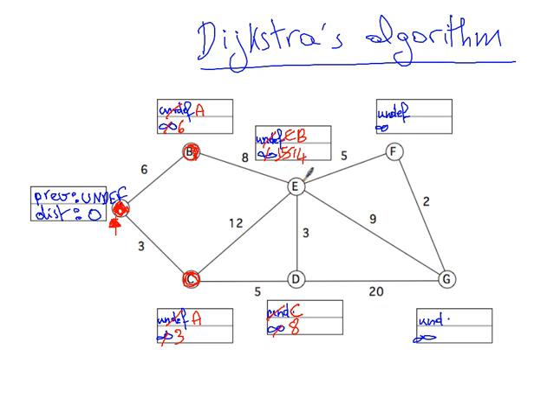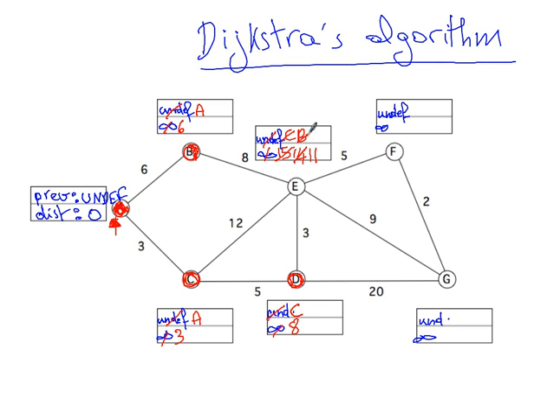Okay? Of the unprocessed nodes, which is the one with the smallest distance? It will be D. Let's consider D. So its neighbors that haven't yet been processed are E and G. So to get to E from here, I've got a distance of 8 plus 3, which is 11.